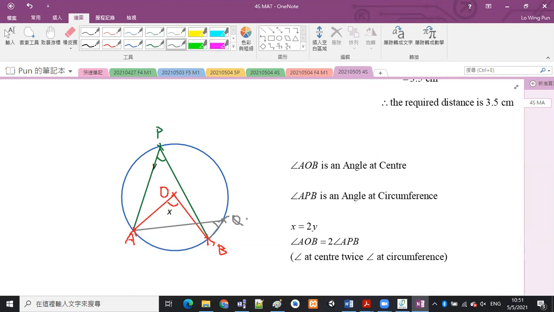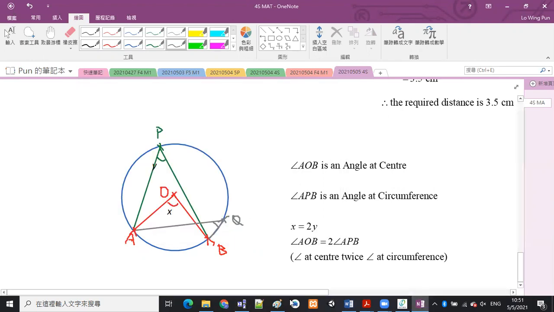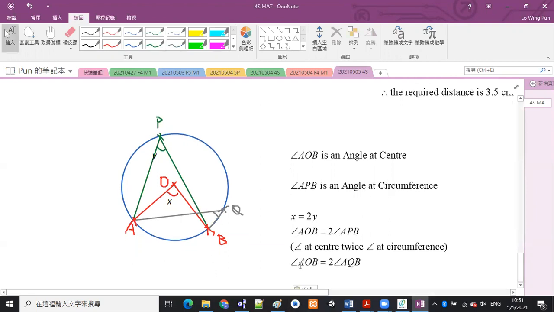Which means that angle AOB is also equal to 2 times angle AQB. Okay? With the same reason: angle at center twice angle at circumference. Can you get this? Next, there is another one, which I think is sometimes harder to realize. But if you use the method of the eye looking at the arc, it is the same.